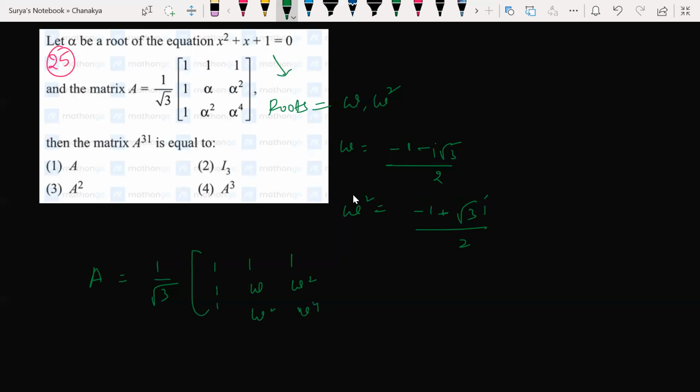Guys, omega to the power of 4 is what? Omega cube into omega, correct? Omega cube value is 1, so 1 into omega. So omega to the power of 4 is omega. Okay.